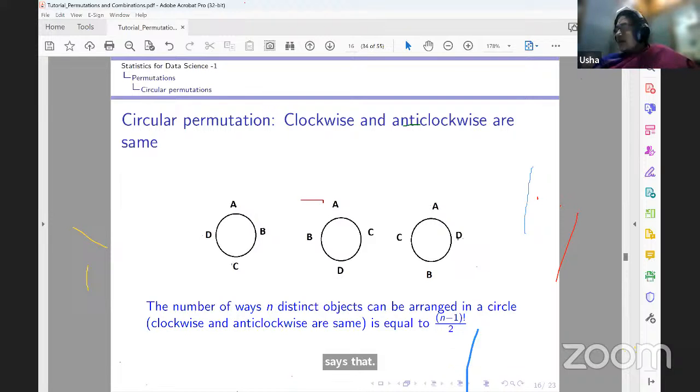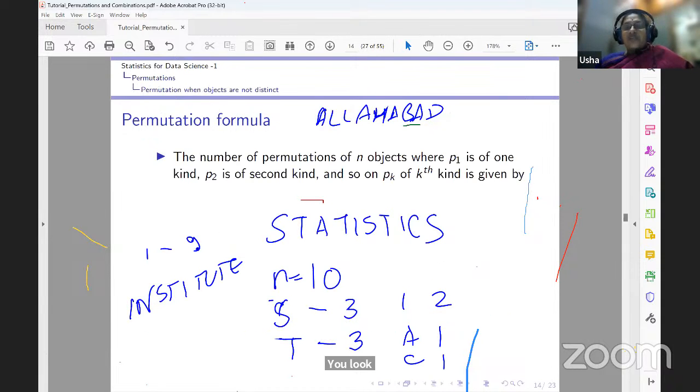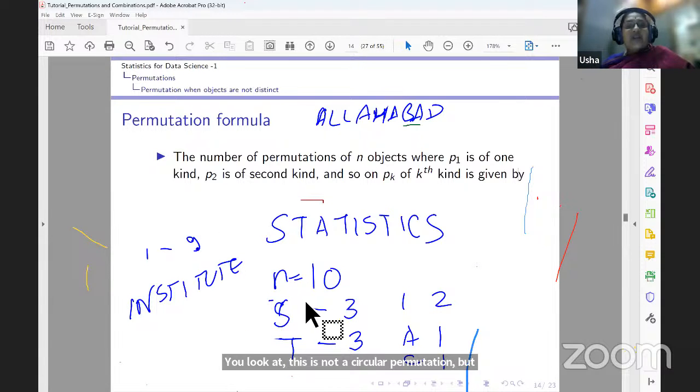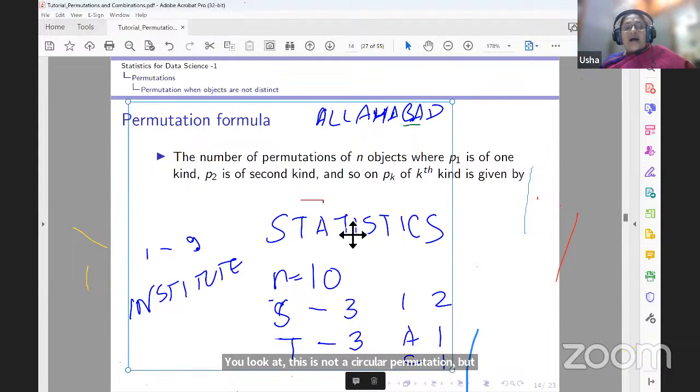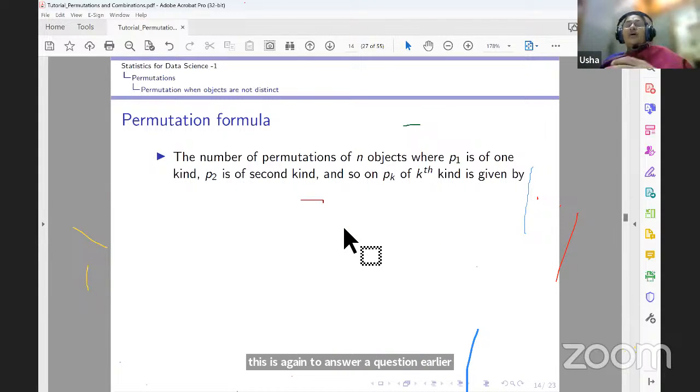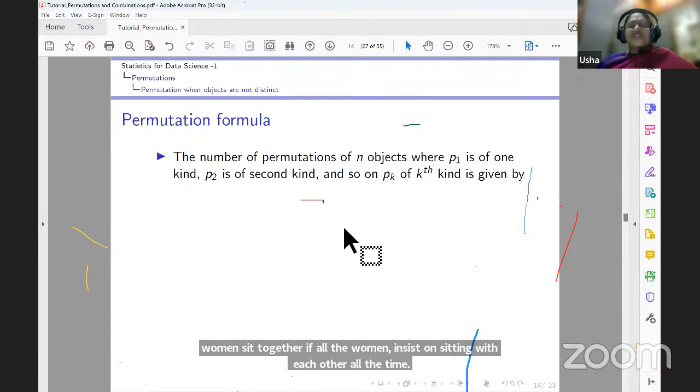This is not a circular permutation, but it is to answer a question from earlier. Suppose I am asking how many ways can 5 men and 3 women sit together if all the women insist on sitting with each other all the time. You have questions of this kind, right?